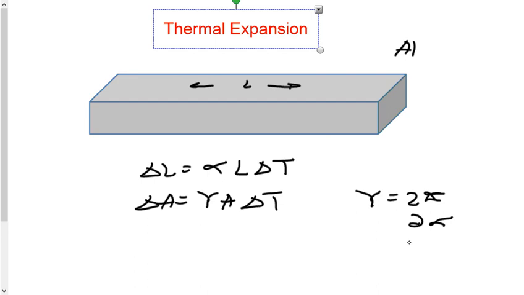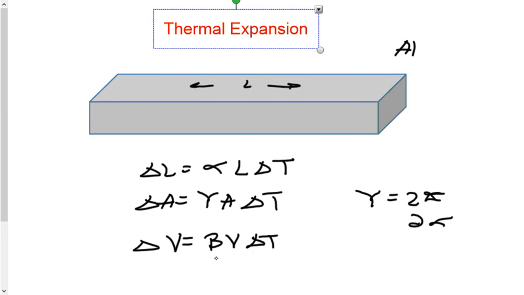Now what about the change in volume? Well, change in volume is going to be beta times beginning volume times the change in temperature. Now we'll have basically a length, height, and then of course a width. We can calculate the volume of this. So how does the volume of this thing expand?